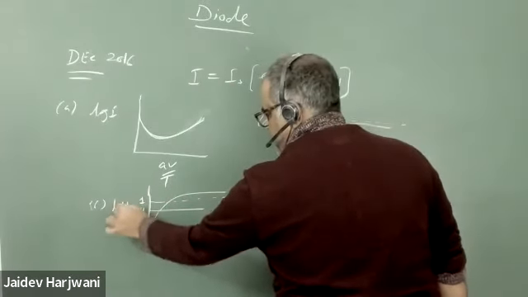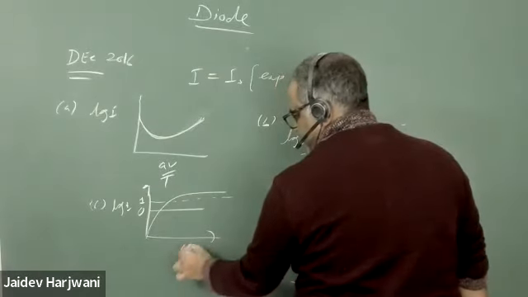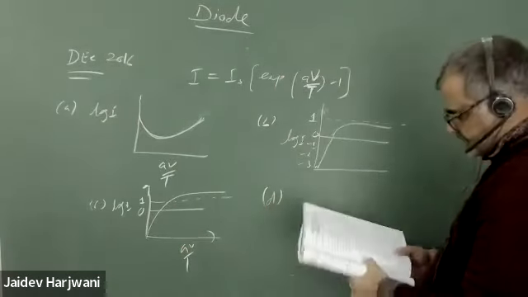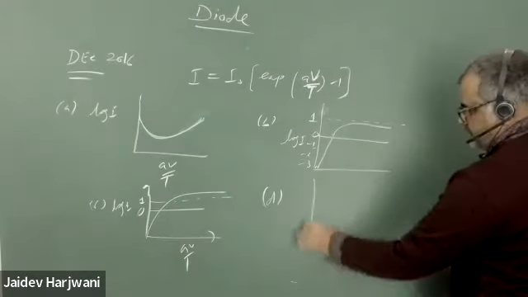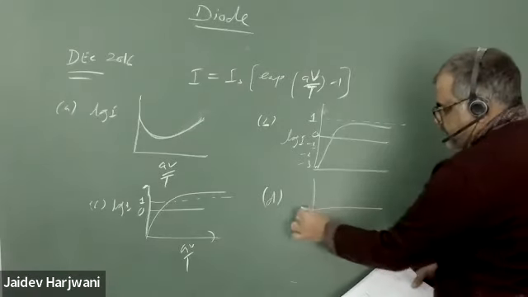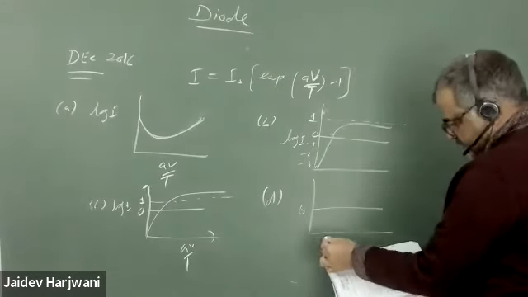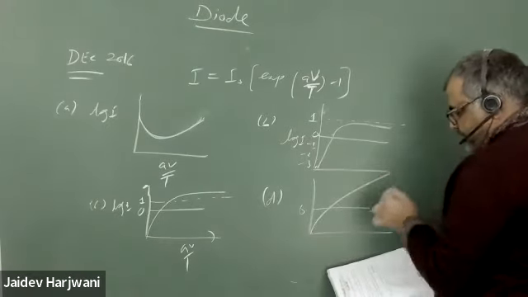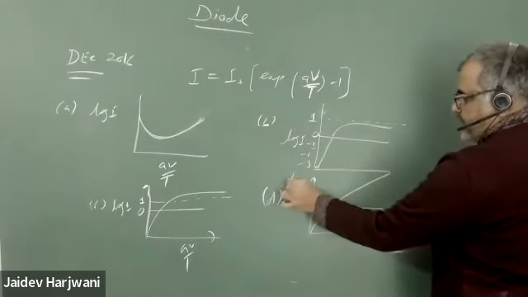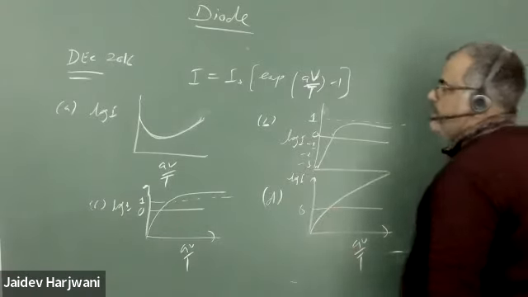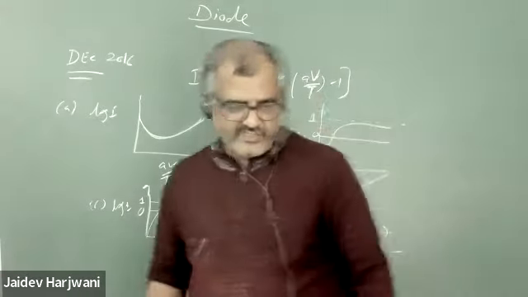This is log I versus AV upon T. Option D is this one: the 0 line, with negative values, increasing like this. This is your log I versus AV by T. Tell me which of the following graphs is correct.